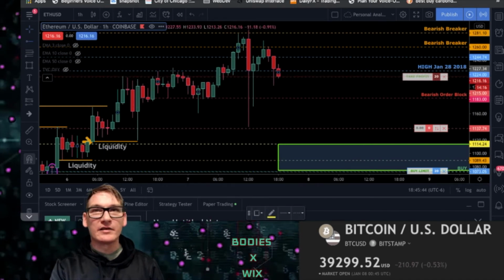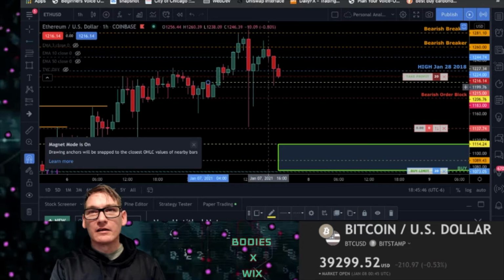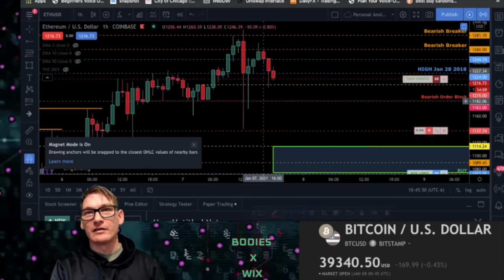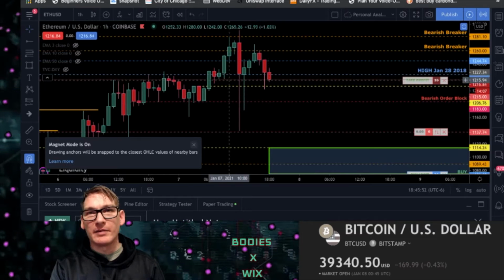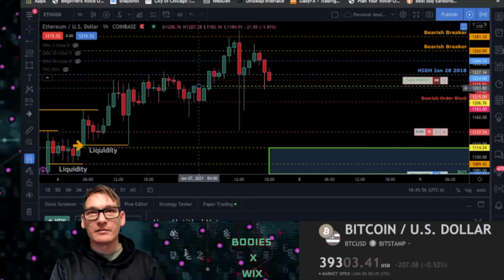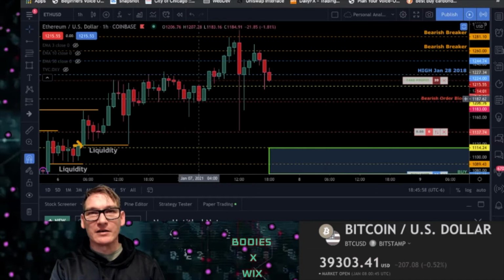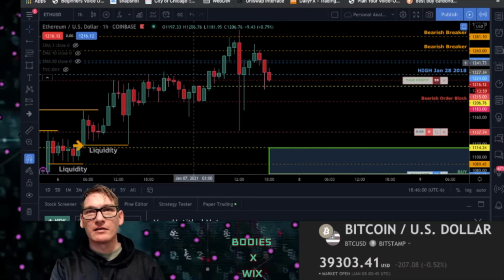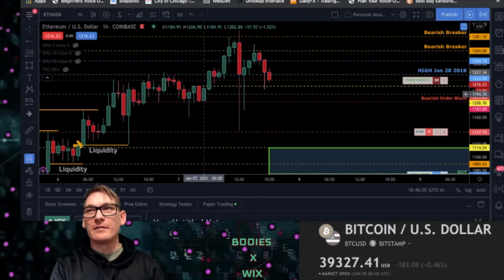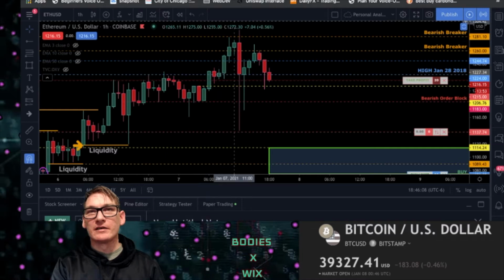Let me put this here. It looks a little bit more, well, it already did bounce off of that, so I don't know about that. Never mind. It bounced off of that area a couple times. So here would be your last bullish breaker if you really wanted to see it take off. So after it pushed down from here, it came up, hit the bearish breaker.